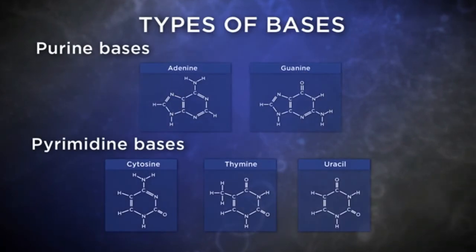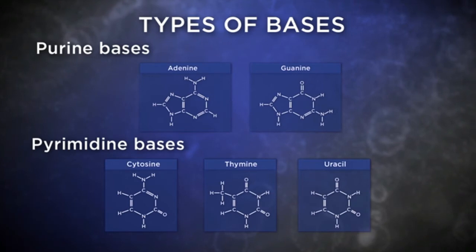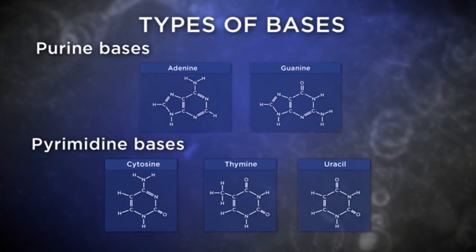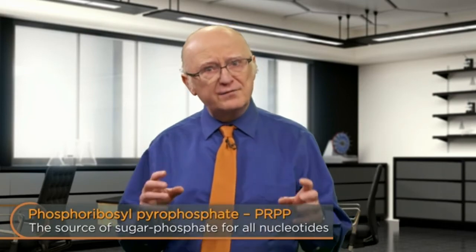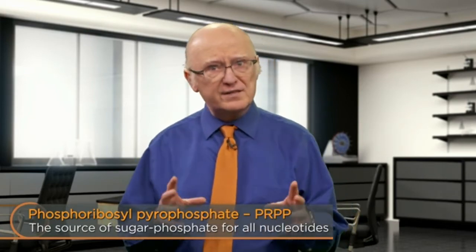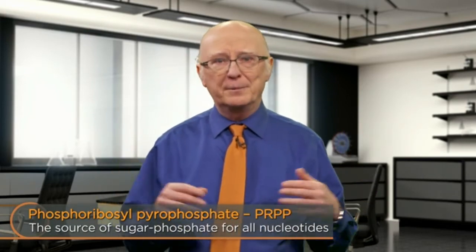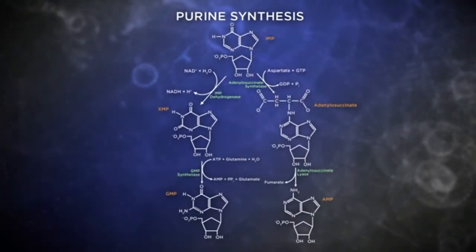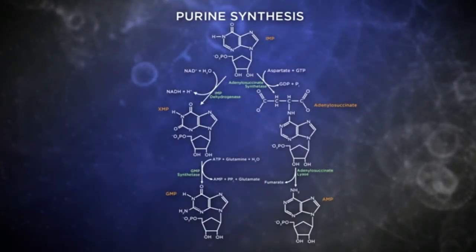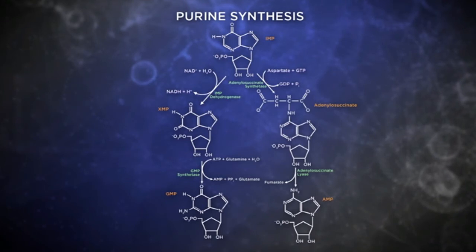There are 2 categories of bases: purine bases that correspond to adenine or guanine, and pyrimidine bases that include cytosine, thymine, and uracil. The source of the sugar phosphate for all nucleotides is a molecule called phosphoribosyl pyrophosphate. I'll just call it PRPP. The nucleotide assembly differs depending on whether it contains a purine or pyrimidine.